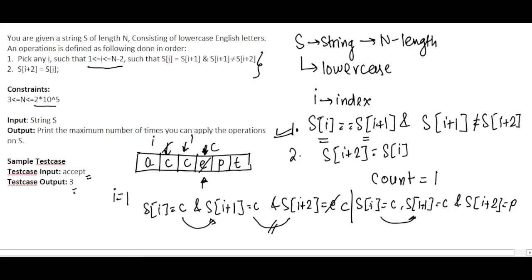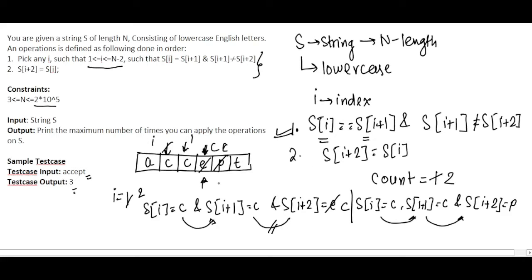So here also we can say that both of these, s of i and s of i plus 1, are equal, and s of i plus 1 and s of i plus 2 are not equal. So we can say here the first condition is satisfied, then we put s of i plus 2, and that is p, equal to c. Okay, so if we put c here, now i already becomes 2. Now the second operation is already completed.